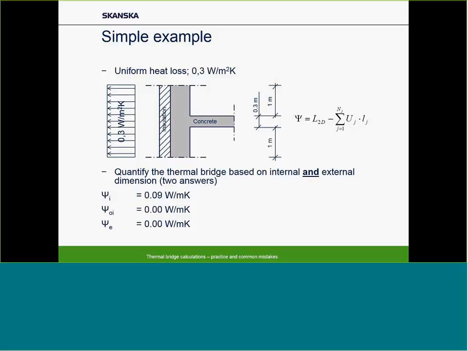But if you use internal measuring, the value is 0.09 watts per meter Kelvin. So it's very important to understand it can be 0, it can be above 0, but of course, Stephen has given you the theory already, it can also be a negative value.